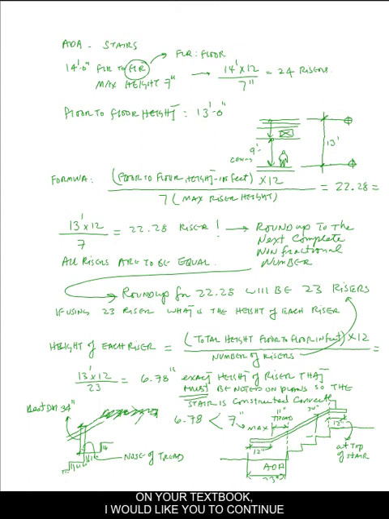In your textbook, I would like you to continue by first of all reading chapter 11. Specifically, as you're going into it, you should look at the dimensions, the symbol for ADA, which is noted on page 202, maneuverability of the person in a wheelchair shown on page 203, accessible route on 204, the meaning of it.